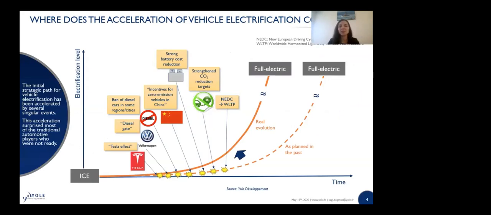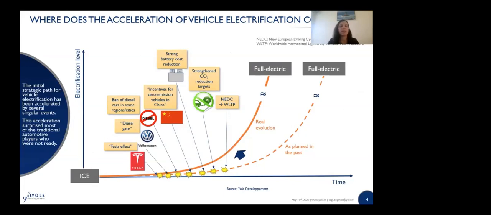You see that electric mobility is a mega trend, which has significant impacts on the power electronic industry, but also on the semiconductor industry. What we have seen over the last years is that there has been an acceleration of the vehicle electrification due to some singular events, I would say.